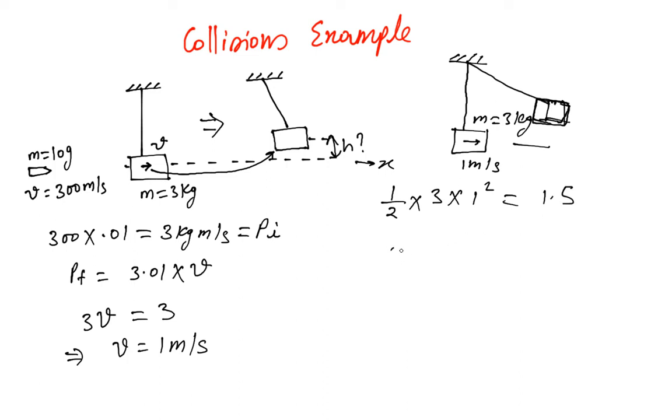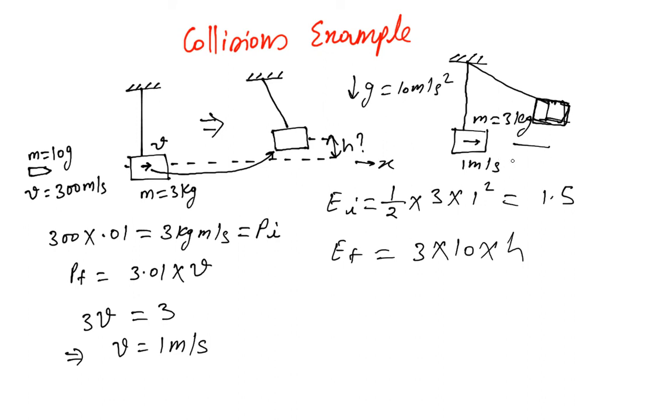Also, if it is rising up by a height, the final energy, let's say this is E initial after collision, E final is going to be mgh, where m is 3 multiplied by g, let's say 10, and h we have to find. So E initial should be the same as E final. We are not really losing energy in this process.